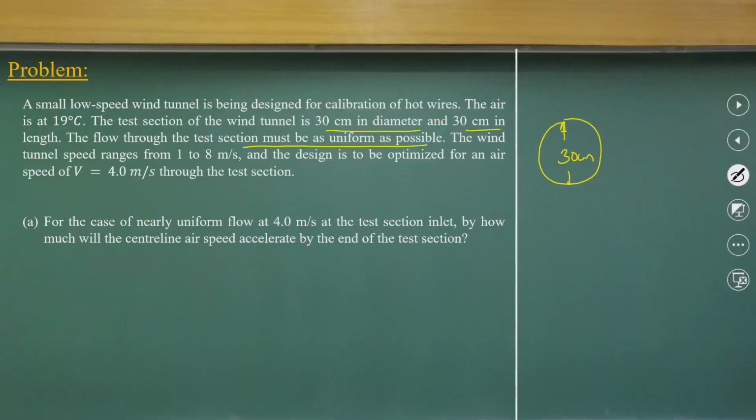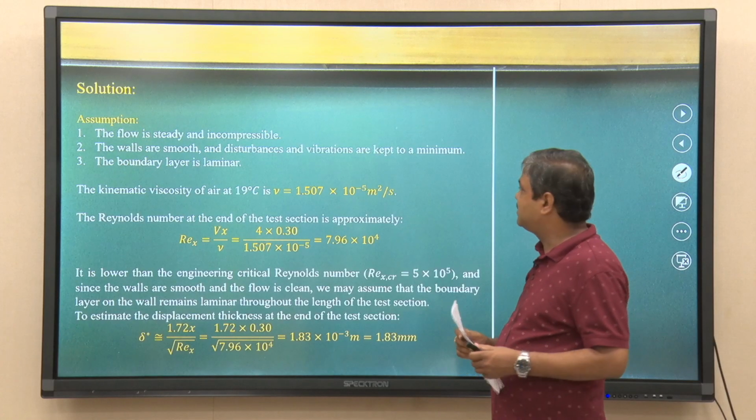With a tunnel speed of 1828 meters per hour and an air speed of 4 meters per second, we need to know how much the centerline air speed is accelerated by the end of the test section.